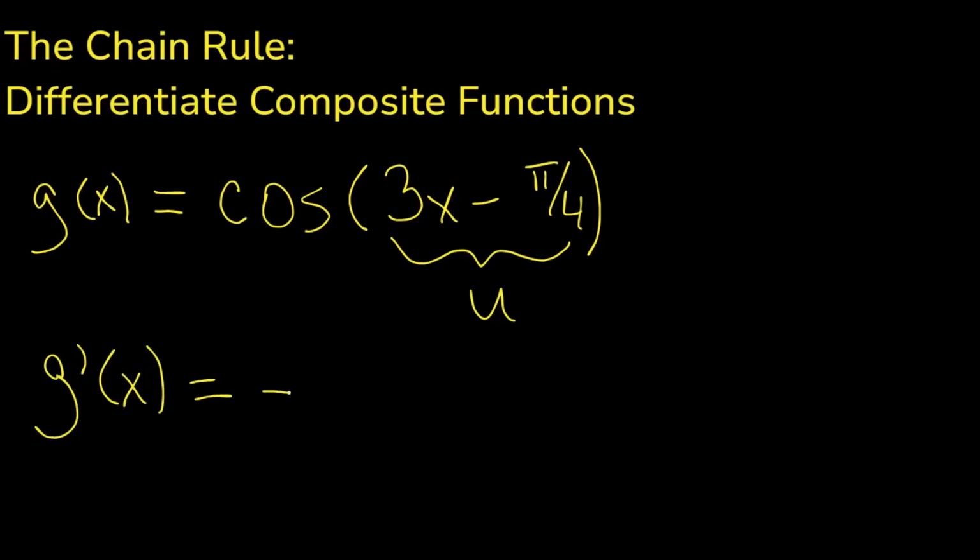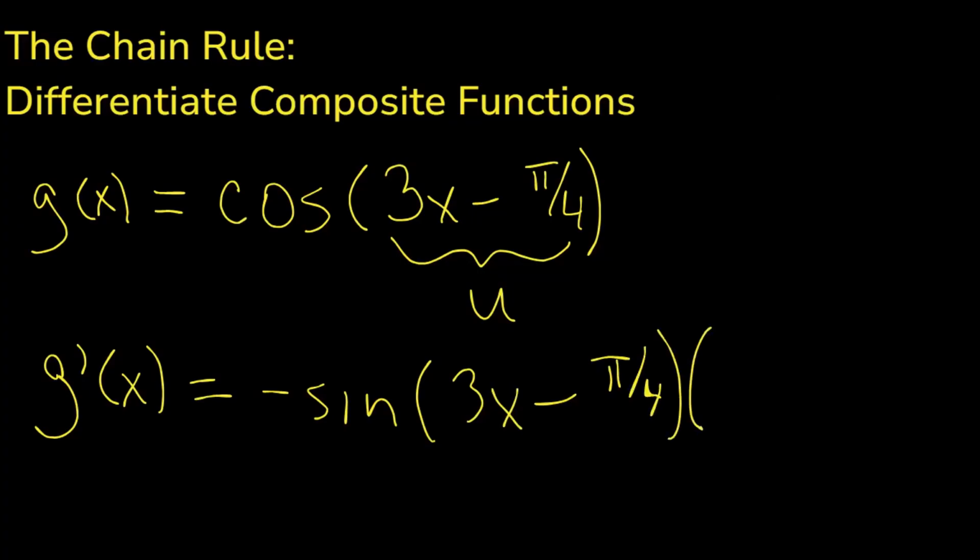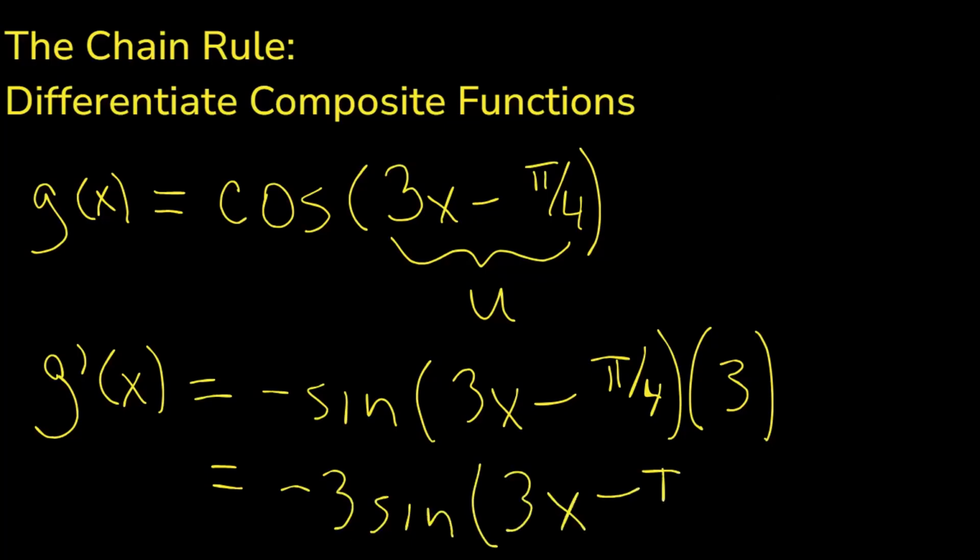The derivative of cosine is negative sine of 3x minus pi over 4, times the derivative of the inside, which is just 3. We can clean this up a little bit. That 3 can multiply in front, and we write negative 3 sine of 3x minus pi over 4. You can't distribute the 3 into the sine, so just be careful about that.